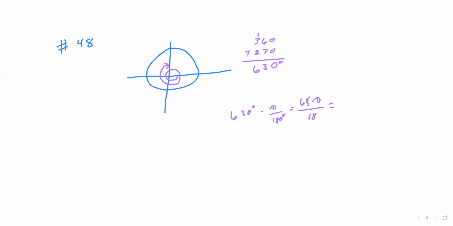So 9 goes into 63 7 times, and 9 goes into 18 2 times. And then again, because I'm going clockwise, this right here ends up being a negative answer. So I get negative 7 pi halves radians. Again, it's going clockwise.